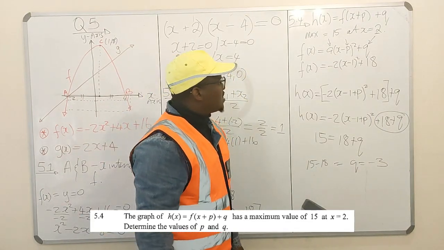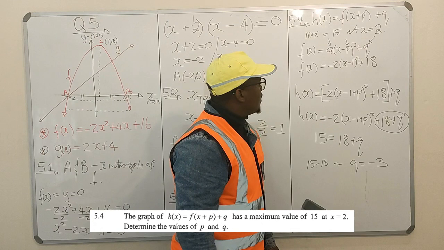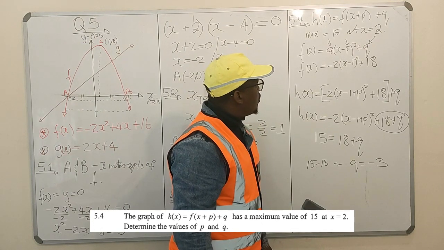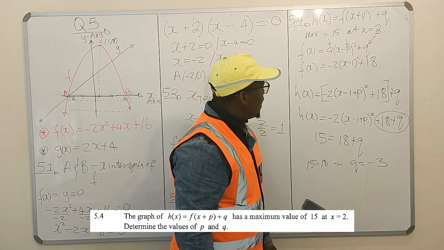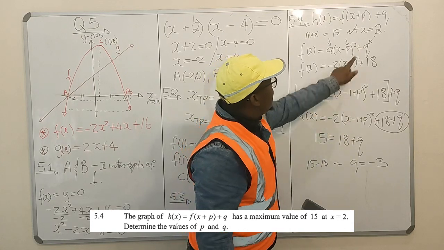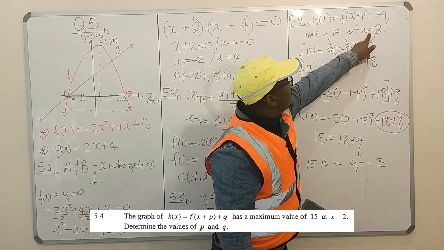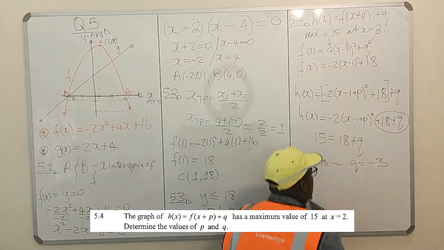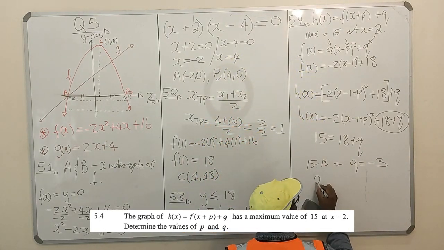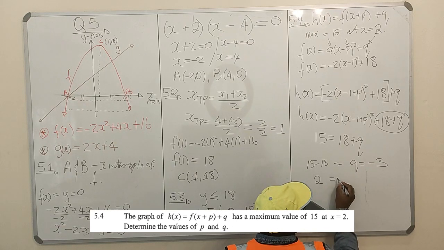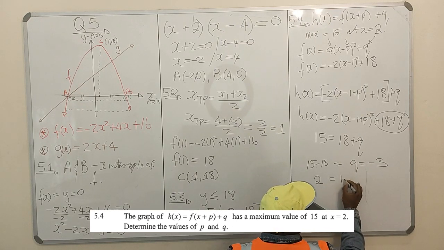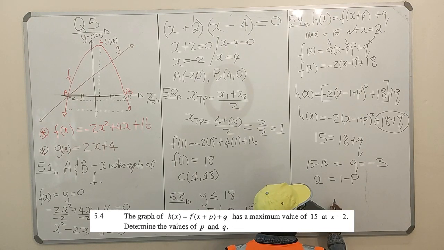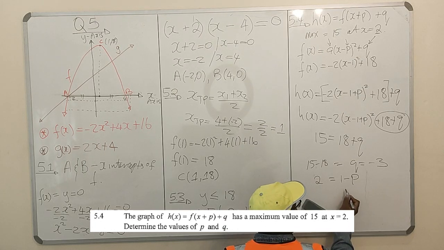Then you go to the next part. You are told that this happens at x equal to what? x is equal to 2. So you say, okay, my 2 is equal to 1 minus p. Then you transpose your 1, so you have 2 minus 1 is equal to minus p.